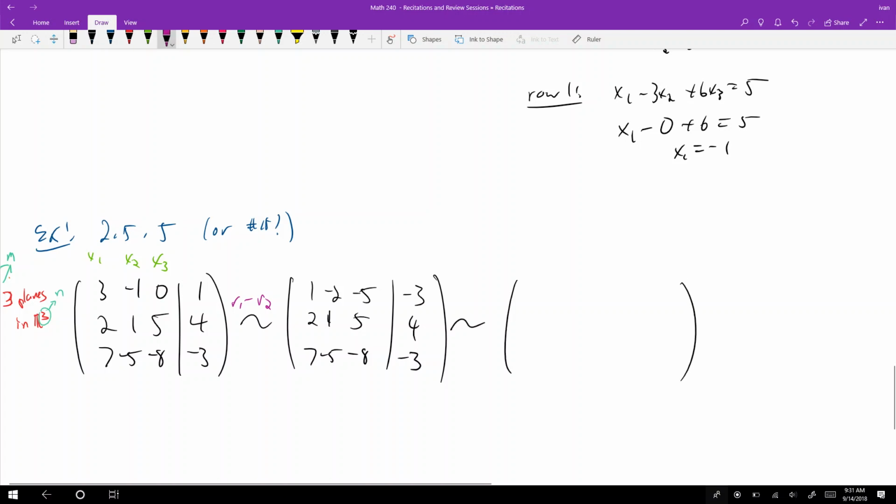Alright, next up, zeroing out these guys. We'll do row 2 minus 2 row 1, row 3 minus 7 row 1. 1, -2, -5, -3, 0, 1 minus a -2, or 1 minus a -4, it's 5. 5 minus a -10, it's 15. And 4 minus -6, so 10. Wouldn't it be -4 for the second?